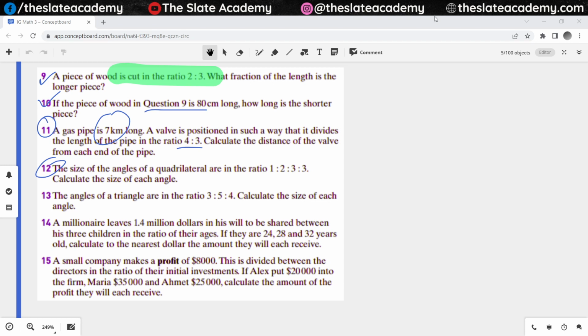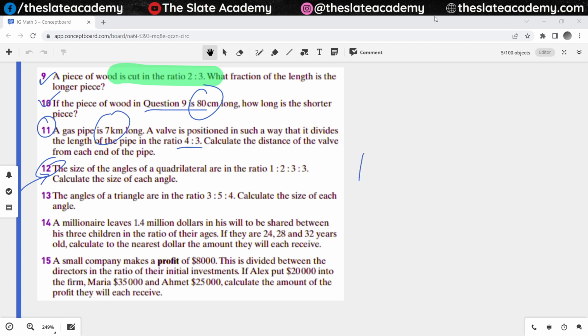In the question before it, it was 80 cm which was being distributed. So what's the quantity that's being distributed over here in question 12? Mr. Arman? No answer. Achha ji. So the quantity that is being distributed is the sum of total angles.